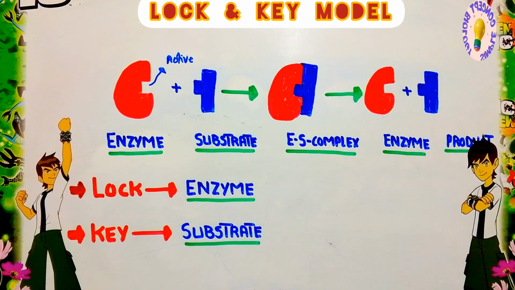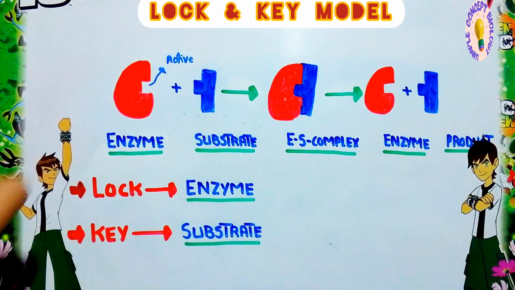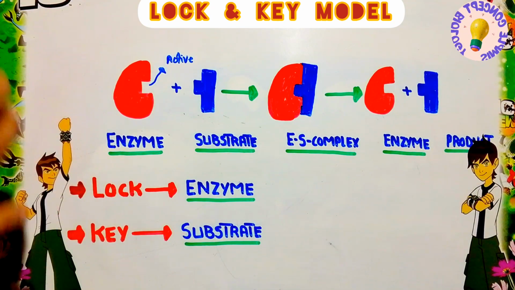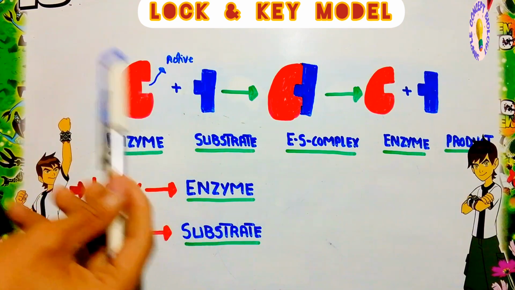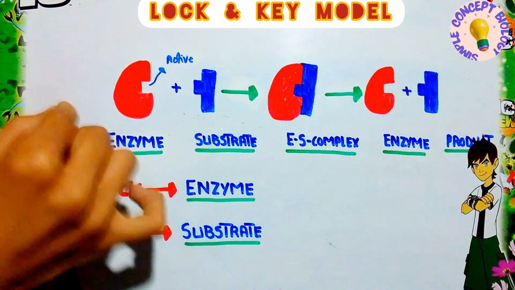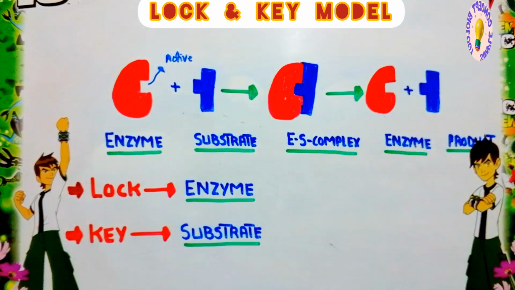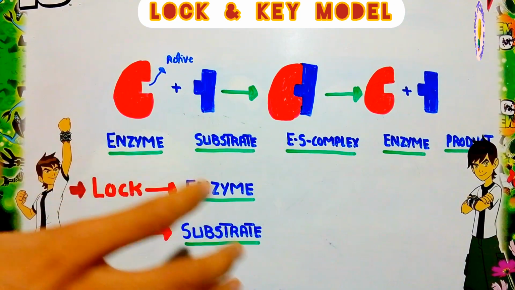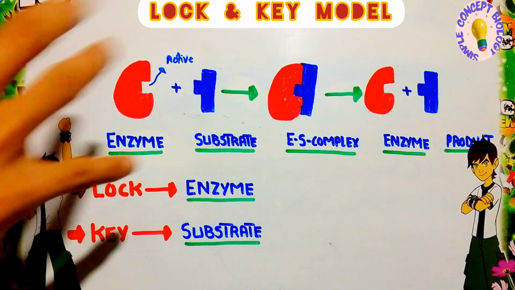You should remember that according to the lock and key model, the shape of the active site is complementary to the shape of the substrate, and this way the interaction is possible between the substrate and the enzyme. When the substrate fits with the active site of the enzyme, it is converted into an intermediate state that is called the enzyme substrate complex. It is mainly the intermediate step during the conversion of the substrate into the product.